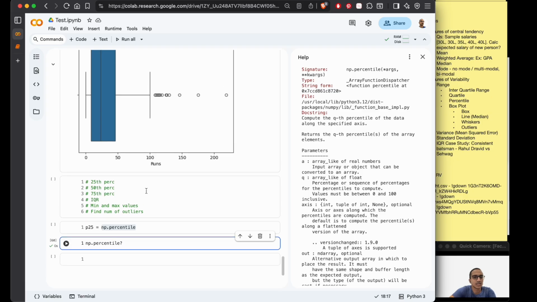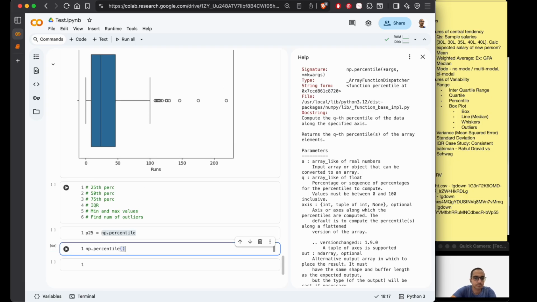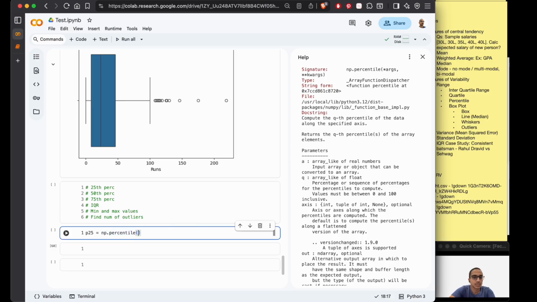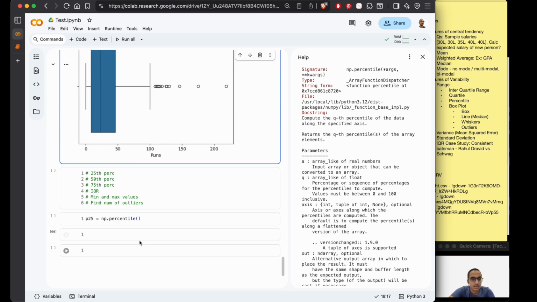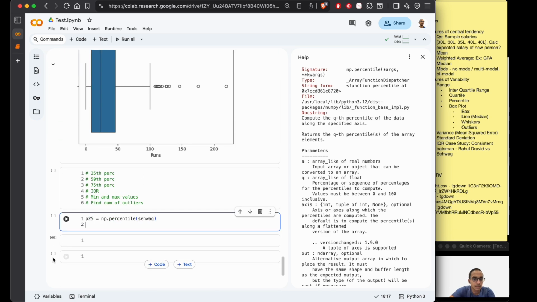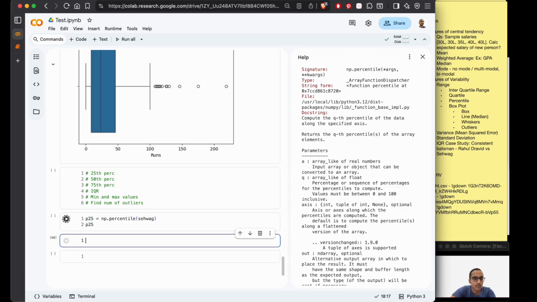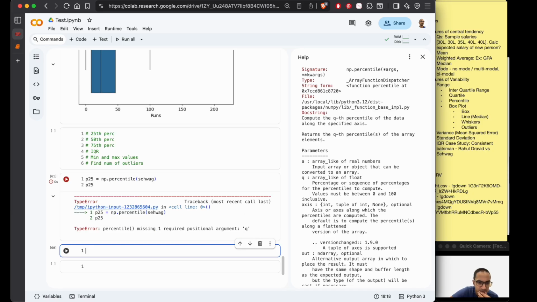Okay, so I think I can drop the dataset directly, which is sehwag. Nope. Percentile is missing one required positional argument q.